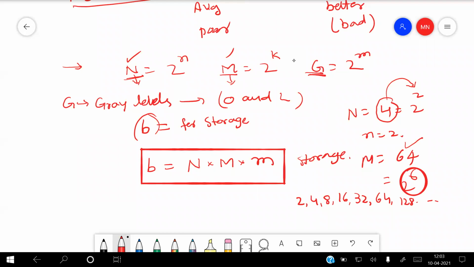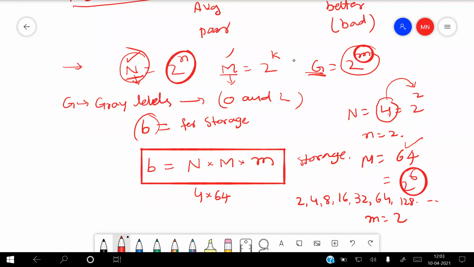So in that case, what is the value of this entire thing? Here n equal to 4, so this is directly 4 into the m value 64. Then the gray level values are given as smaller m, so directly I will provide m is equal to 2.